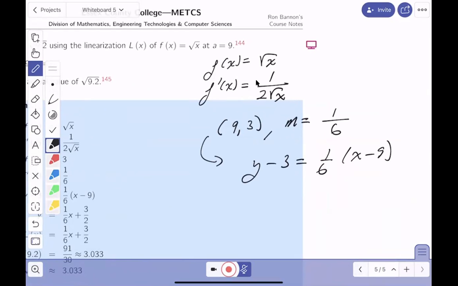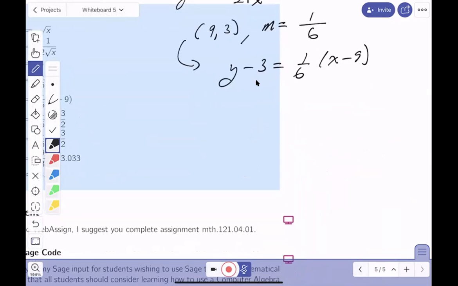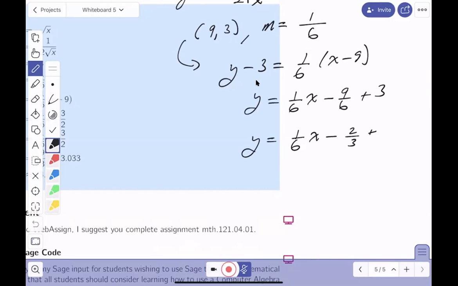times x minus 9. I'm going to write the linearization function down, which is going to be y equals 1/6 of an x minus 9/6 plus 3. That's what 9/6 reduces to, minus 3/2. Whoops, I made a mistake. I just noticed it.